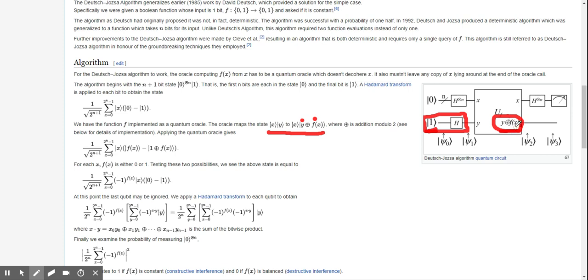So it's basically constant. This is really high level, but you're going to have that.